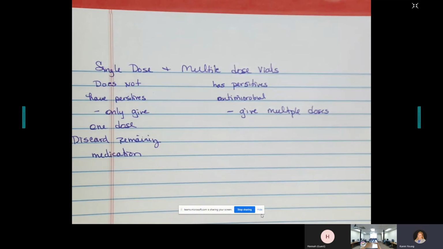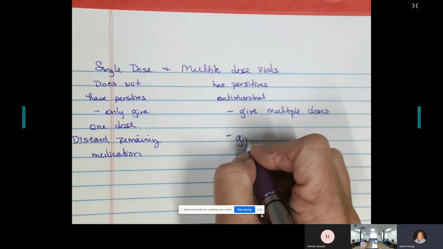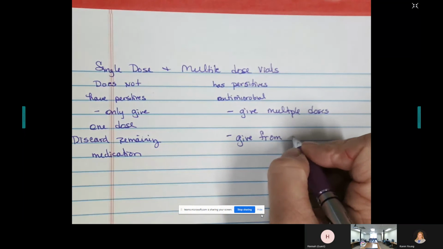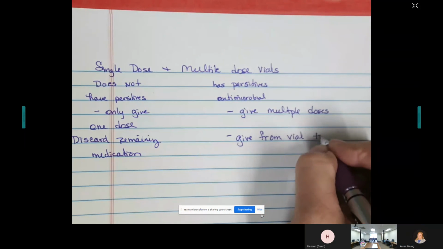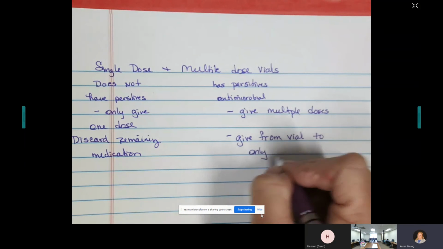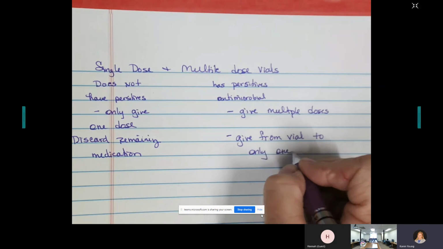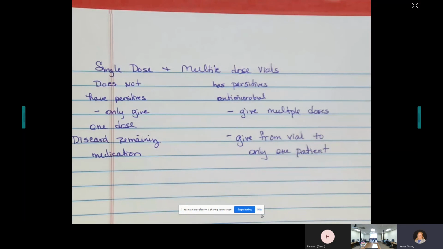And of course, the multiple dose, you don't. The multiple dose, though, you only want to use for one patient. I'm wording this weird, but give from the vial to only one patient. If y'all want to word that differently, that's fine, but every patient gets their own vial.